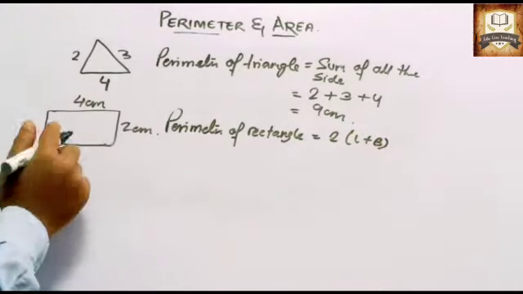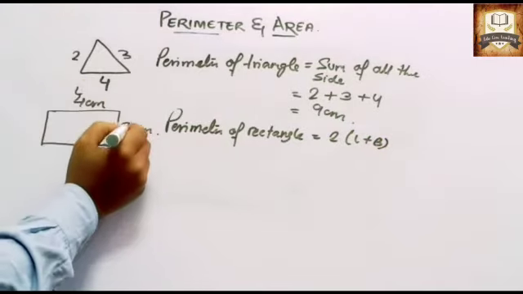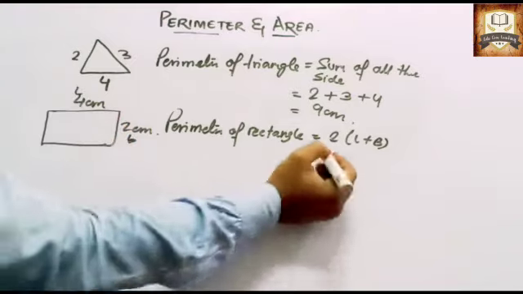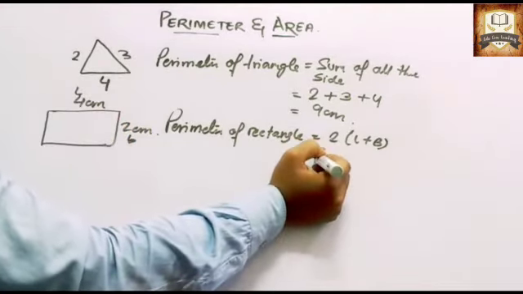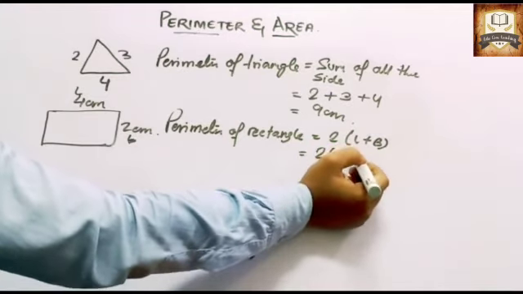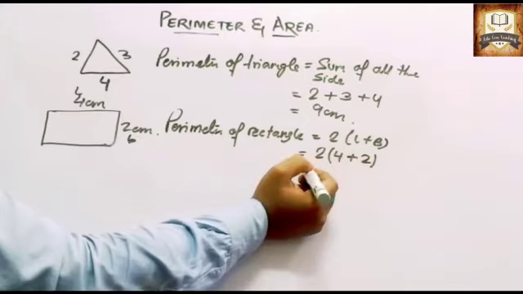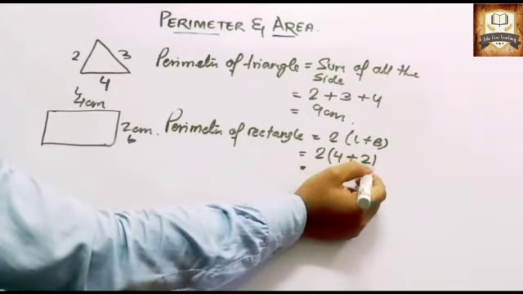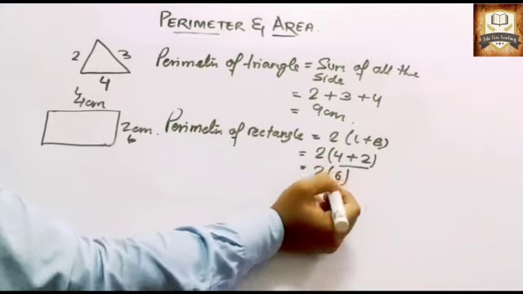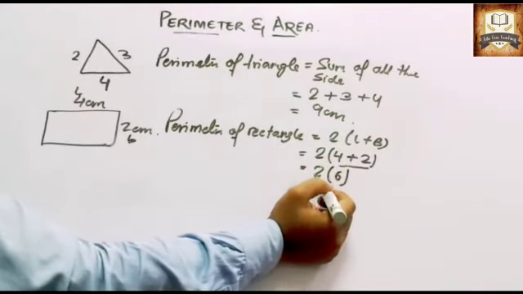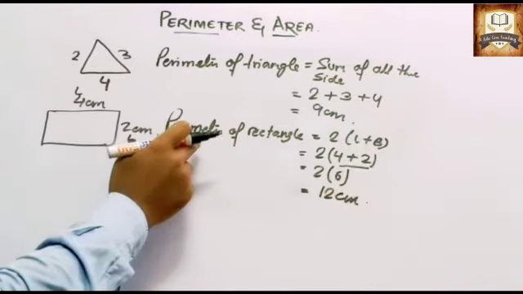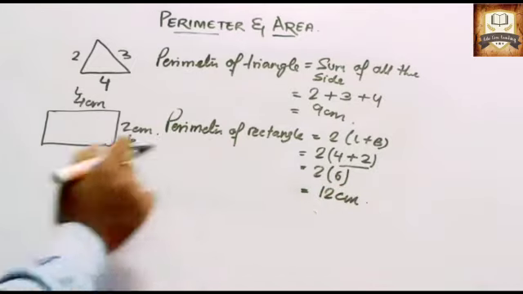In this figure, this one is length and this one is breadth, and we know both. Applying the formula, length is 4 cm and breadth is 2 cm. Add these, 2 plus 4 is 6. Now multiply by 2, that is 12 cm. So the perimeter of the rectangle is 12 cm.